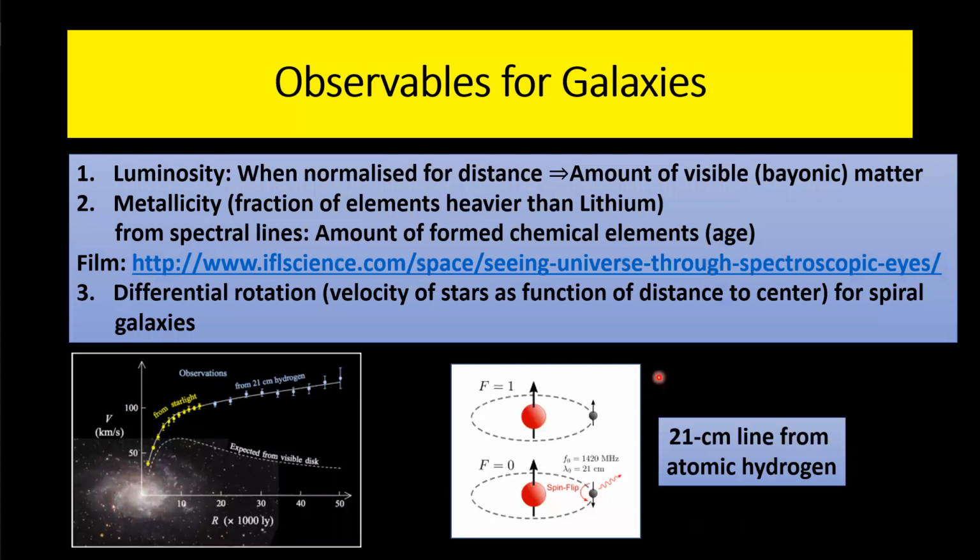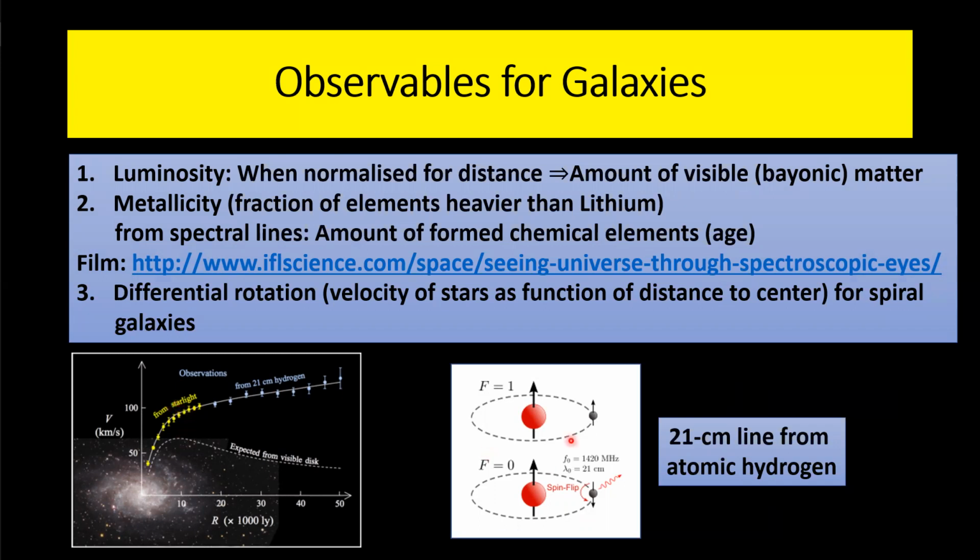Okay, the next thing that we can do is what is called differential rotation. We look at the velocity, how fast the stuff is revolving around the center of the galaxy. We can again use the Doppler shift: blue shifted if it moves towards us, redshifted if it moves away. So the Doppler shift of the light coming from the stars, the hydrogen lines, and this Balmer series in the optical.